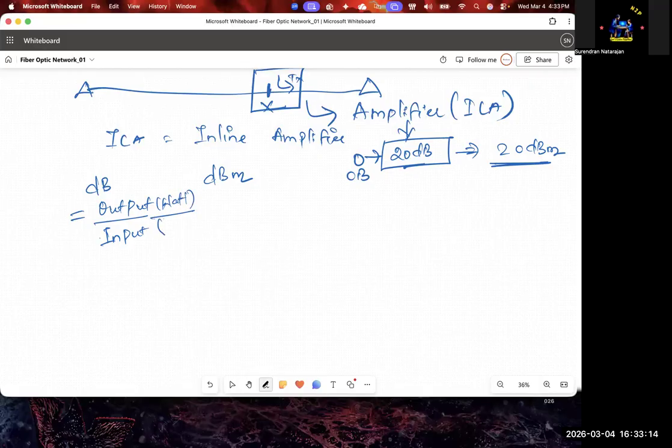But here, the same output by input is in milliwatts.